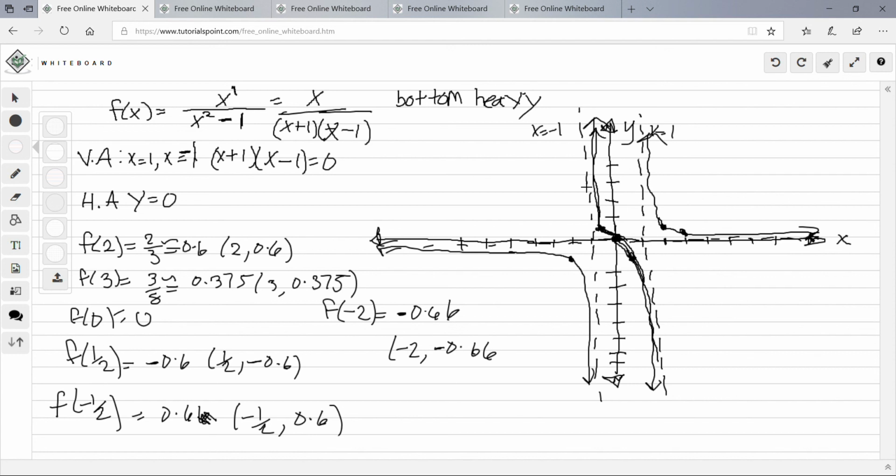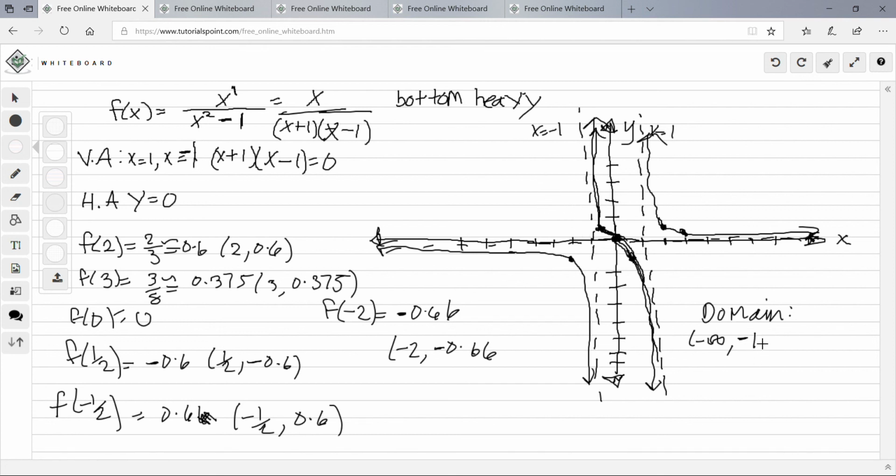The problem doesn't ask you the domain and range, but I'll just tell you anyway. So the domain is going to be from negative infinity to negative 1, because that's one of our asymptotes.